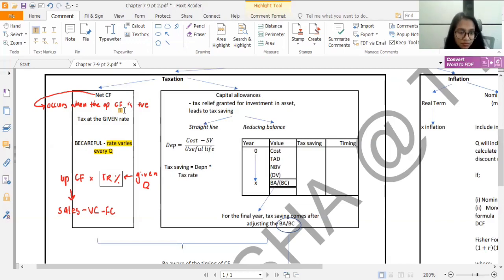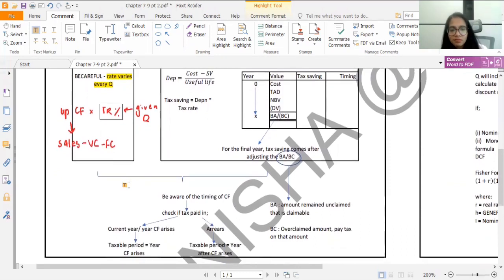Example, if your profit, okay, so your operating profit, operating cash flow is negative 500. When you take multiply by 30%, your tax here is a positive cash flow 150. Why?